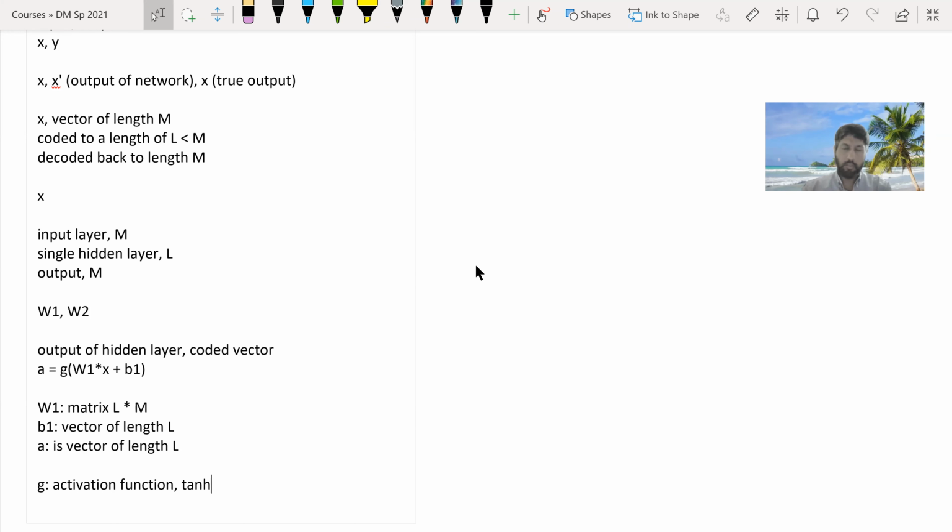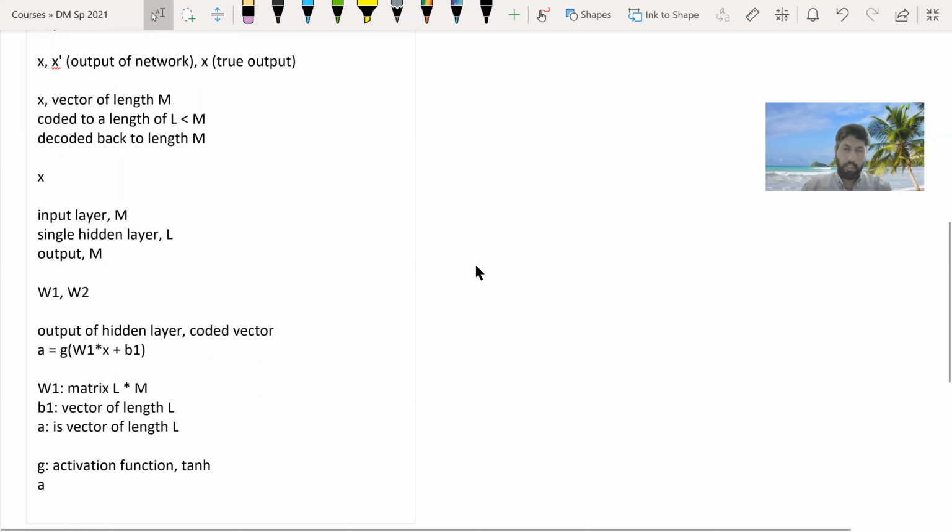And this applies to each element of its argument. So in other words, your A is a vector, and all values would lie between -1 and 1. Okay? So they get normalized to this range.